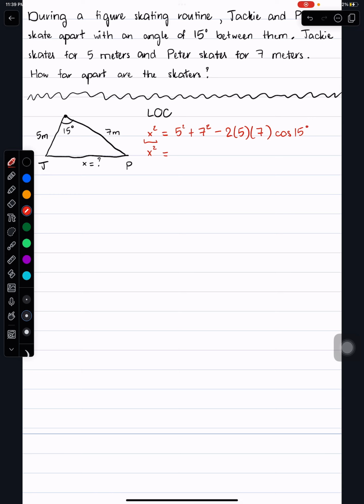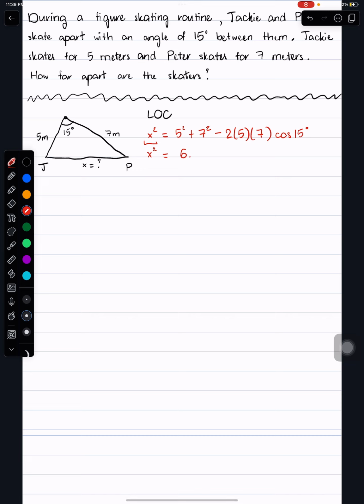So the x squared here would be 6.3852, just to round up. The more decimal places you take in here, the better accuracy you can have for the final answer, okay? You can take 2 decimal places if you want to at this step, but for me, I'm just going to take 4 for a more accurate answer.